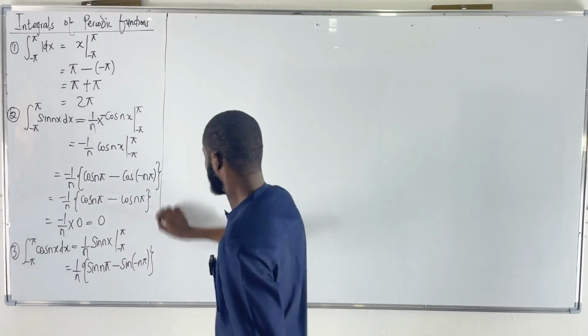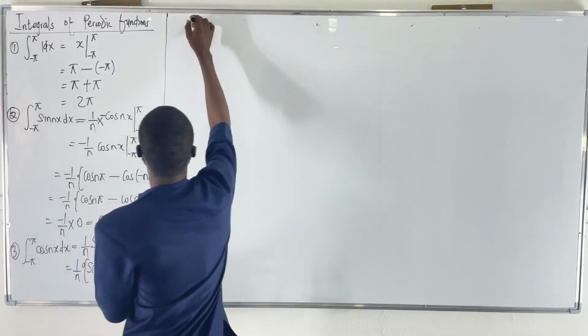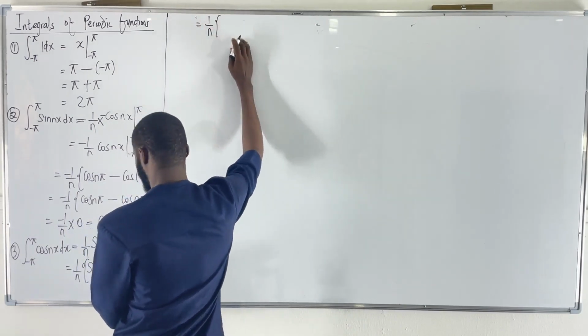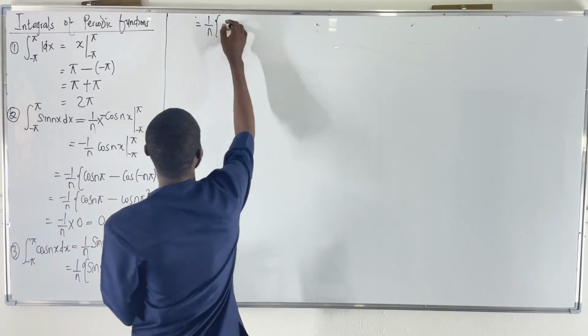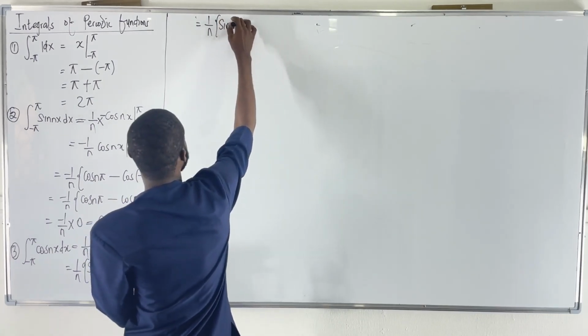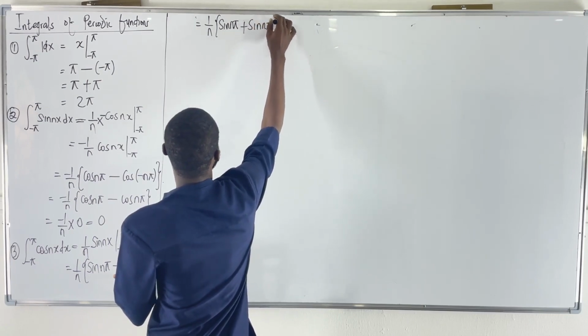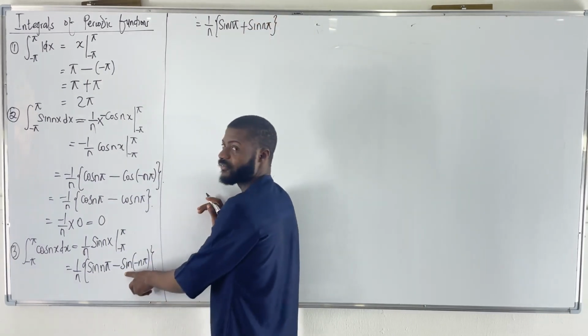So this will equal 1 over n, and then sine n pi plus sine n pi. Now, sine is an odd function.